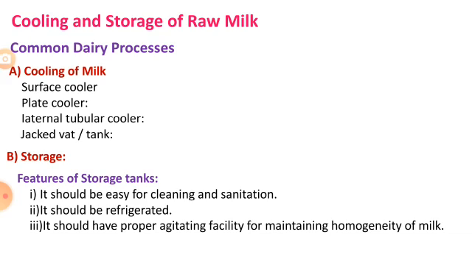Next is the internal tubular cooler. It is also used for continuous cooling, but it is less effective than the plate type cooler. The last one is the jacketed vat or tank type cooler, in which a milk tank is used.